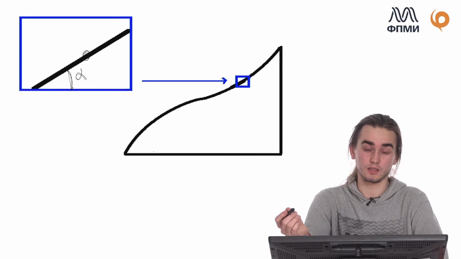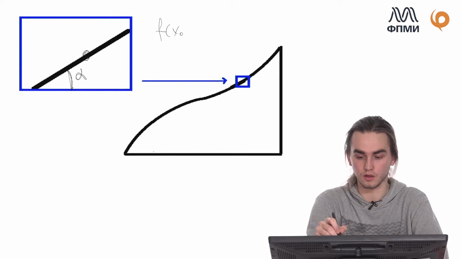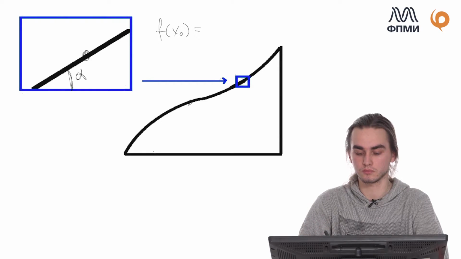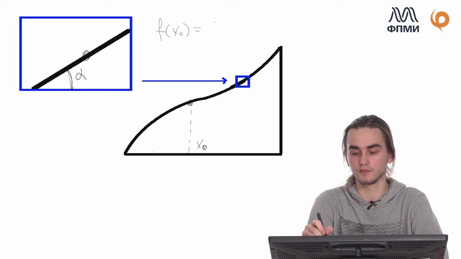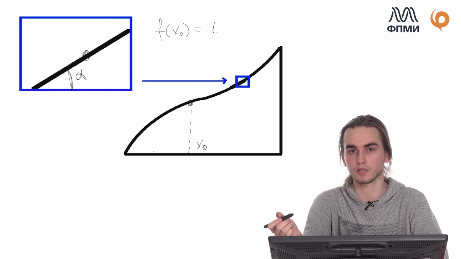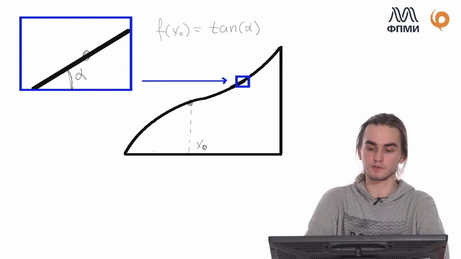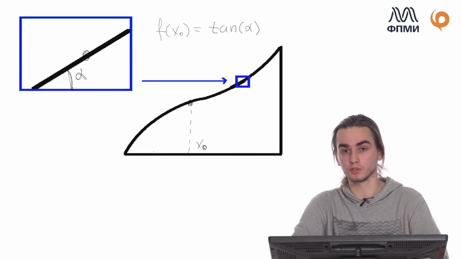So in a long shot, we can define the function that will look like this, for example. Function f which takes the point, like x0, and gives us some function of this angle, like tangent, for example. And this is very interesting to understand how this function behaves and what we can know about it.